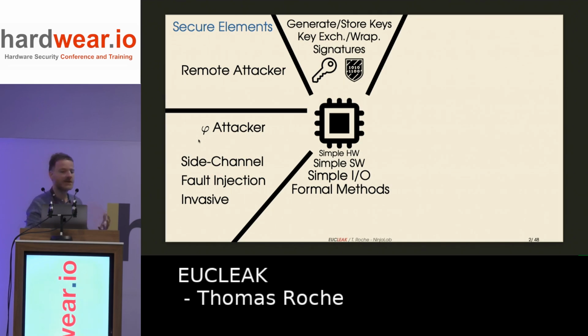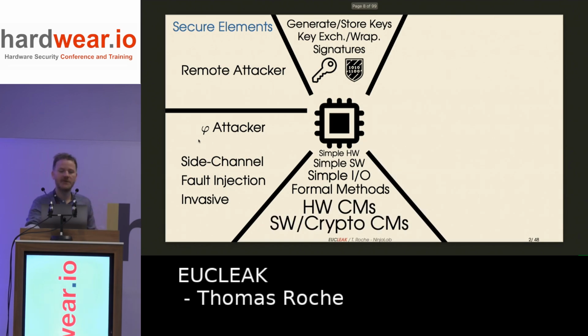While for the remote attacker, using very simple hardware, simple software, and very simple communication protocols is quite enough. Sometimes you can even prove with formal methods what you're doing, so you have something quite robust after some time of development.